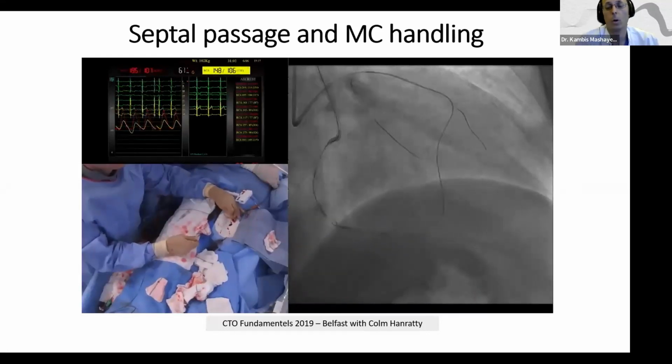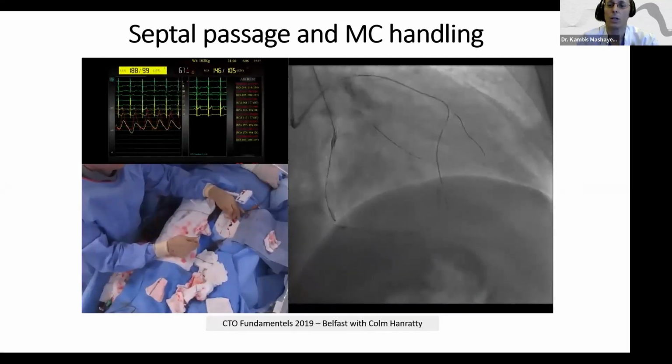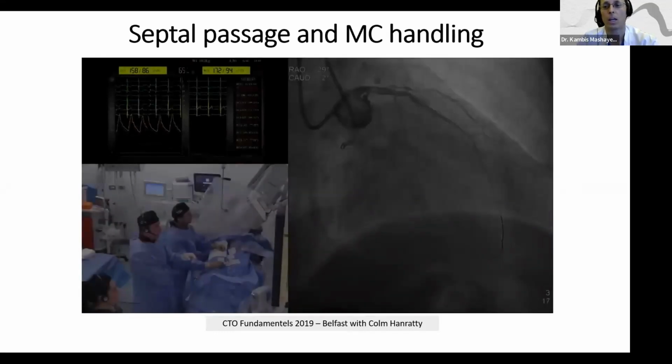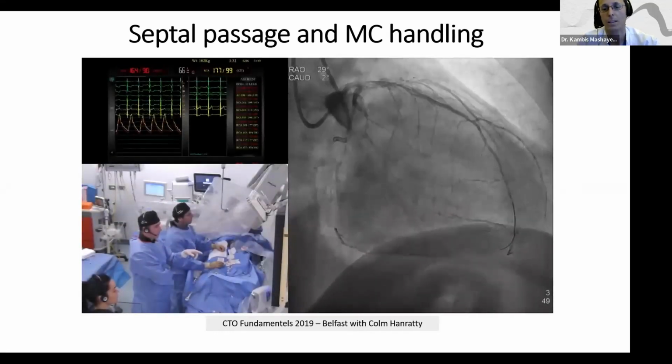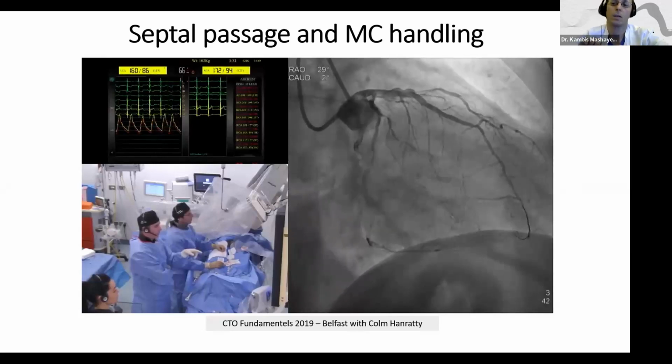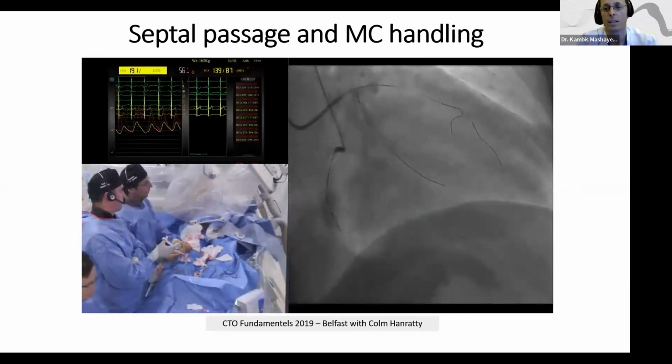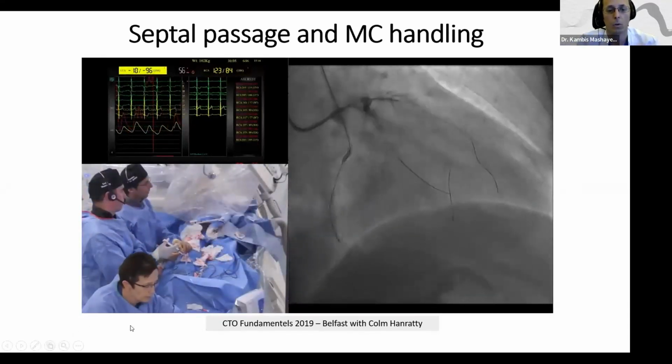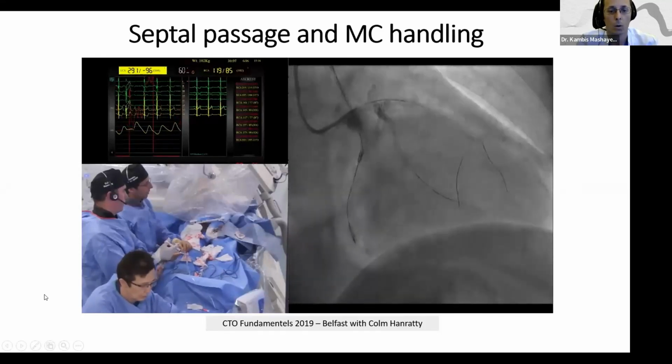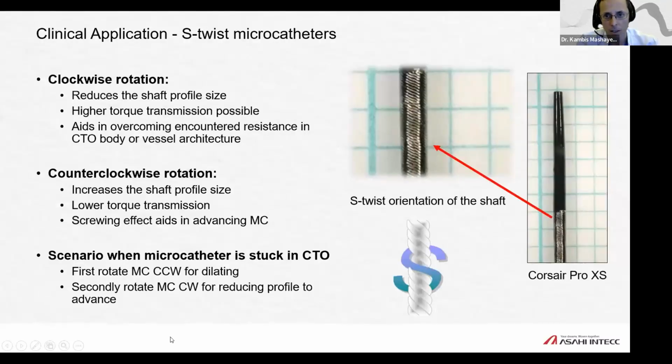As long as the tip is free, you can just rotate counterclockwise, but do not over-rotate the device. If you over-rotate the device, you might get a Corsair fatigue, and this is also not what you want to have. You don't want to destroy the inner coating of the device. What we know is that there are different microcatheters, and as I was thinking about how to explain, there is an S-twist orientation of the shaft.